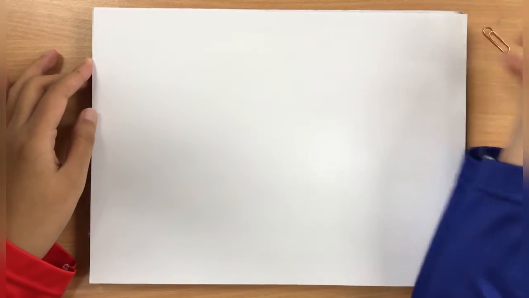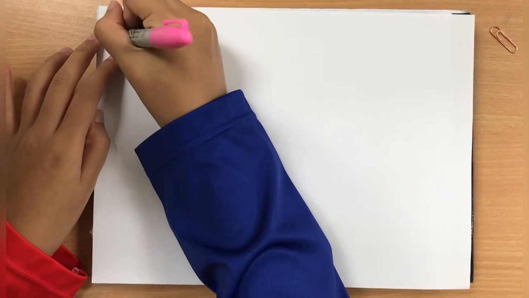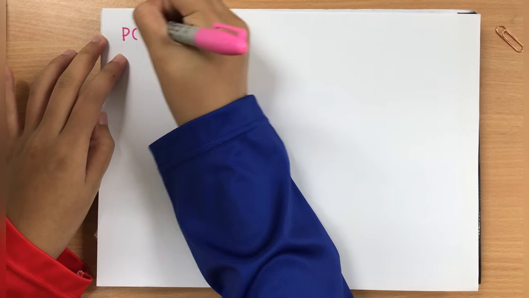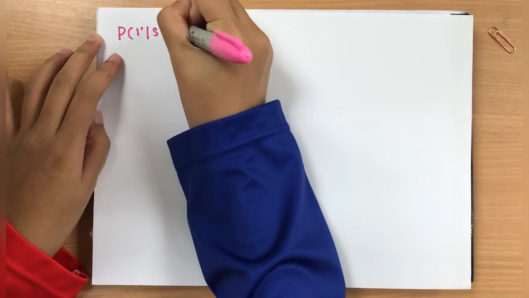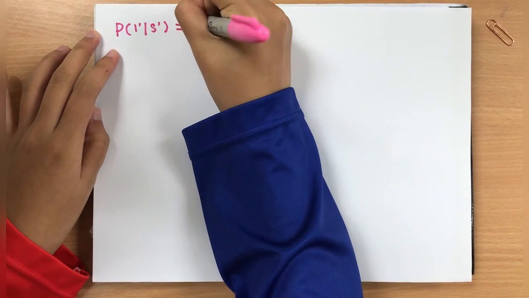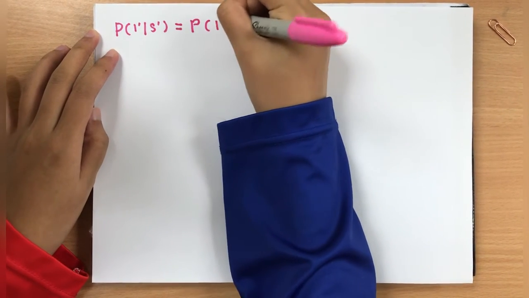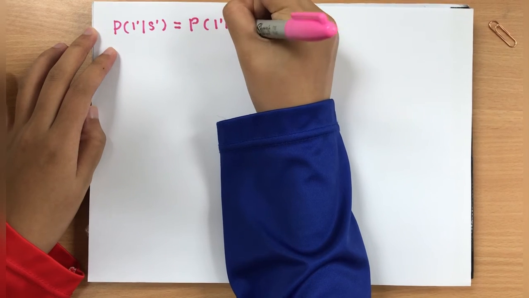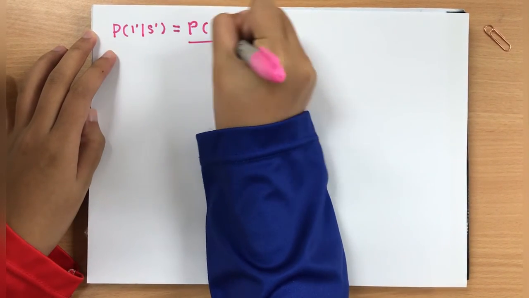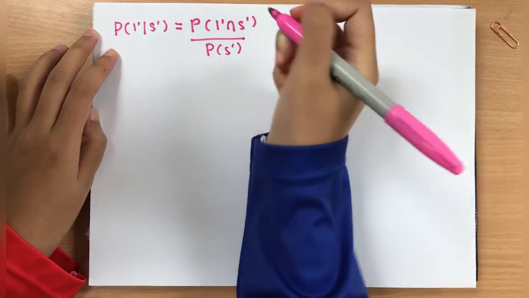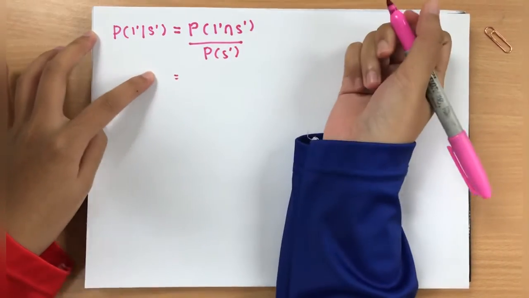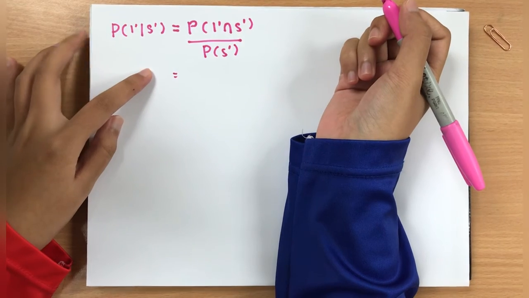We have to find P(I prime given S prime), which equals P(I prime intersect S prime) over P(S prime).